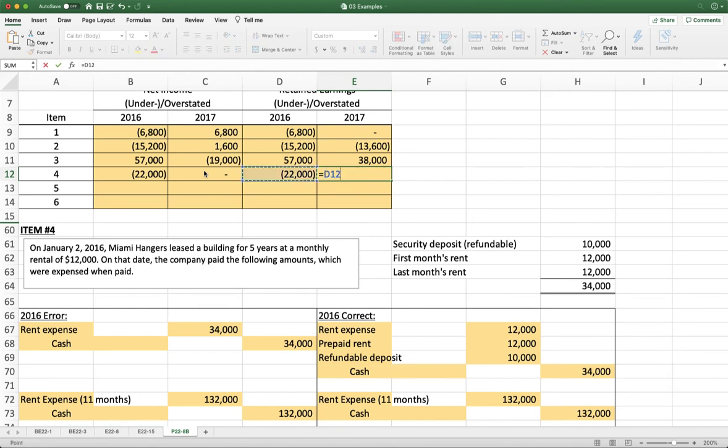So when we close out our income statement, we have a retained earnings that's understated by $22,000. We're going to add to that no change. And so retained earnings is going to continue to be understated by $22,000. And it's going to continue to be understated by $22,000 until we get to the end of this lease and we use our prepaid rent to pay our last month's rent and we get our security deposit back.